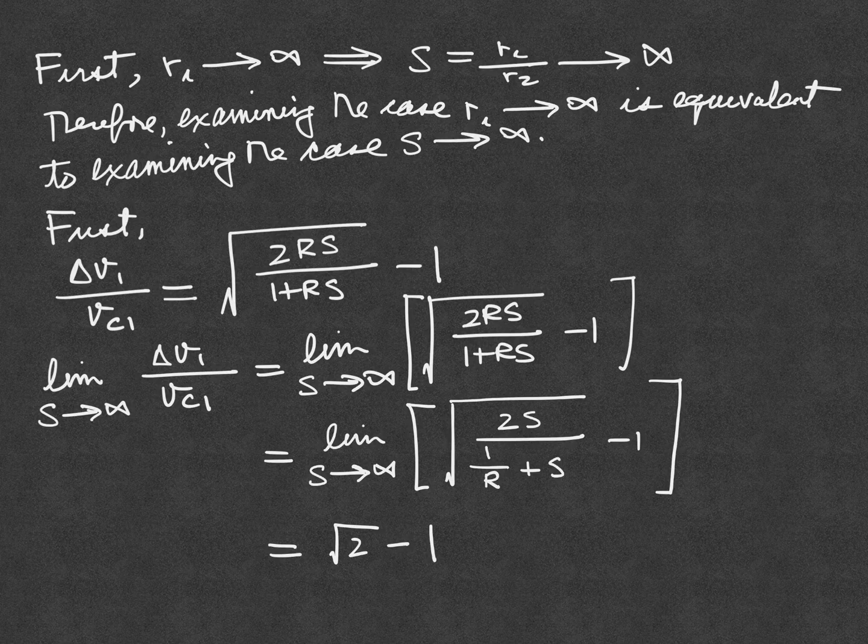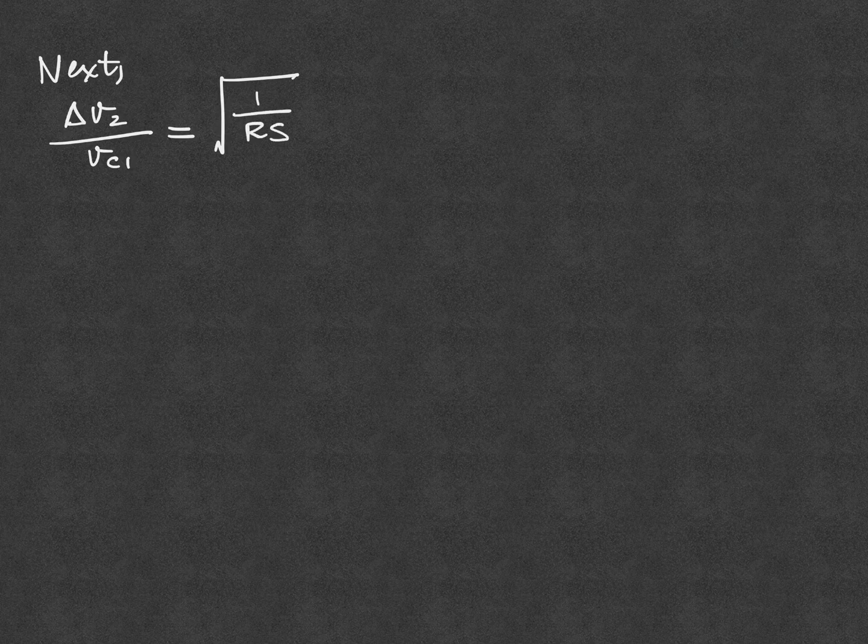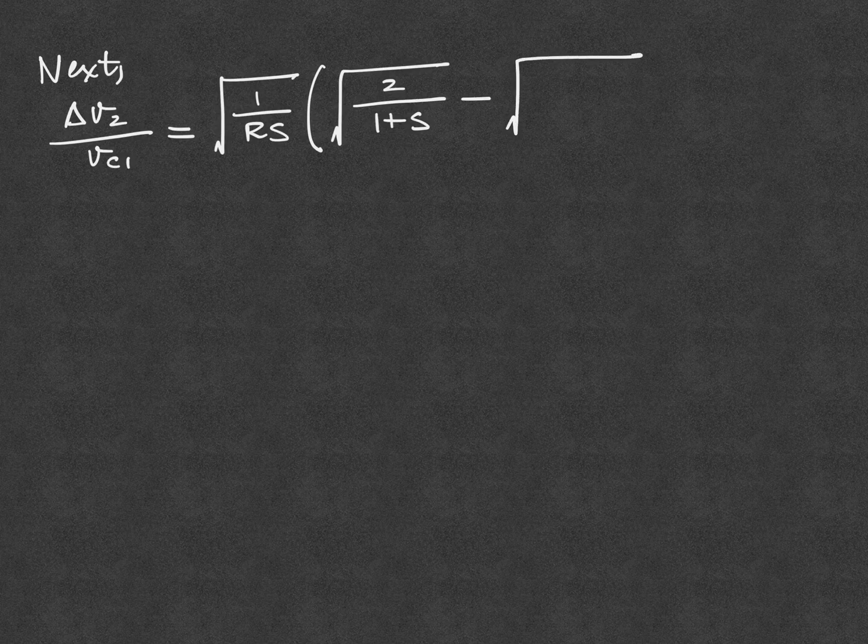So next, we'll do the second impulse. Delta V2 divided by VC1 is equal to the square root of 1 over RS times the square root of 2 over 1 plus S, minus the square root of 2 over 1 plus RS.